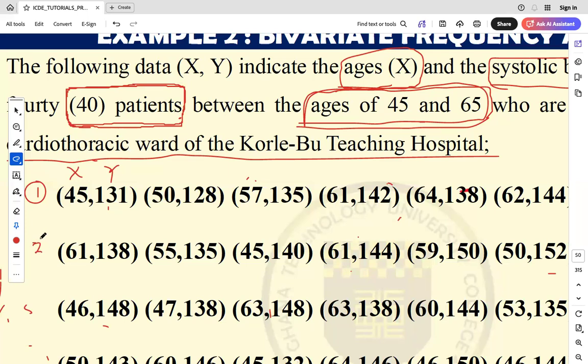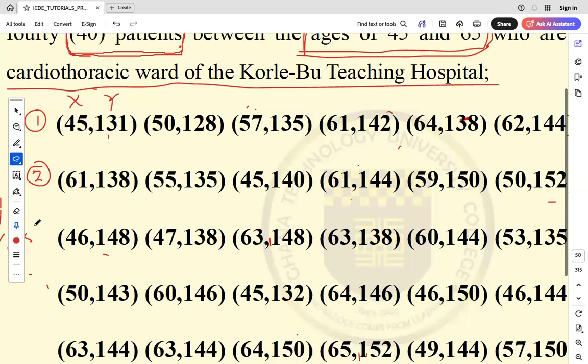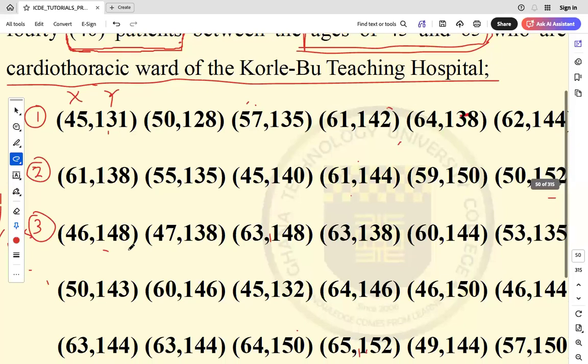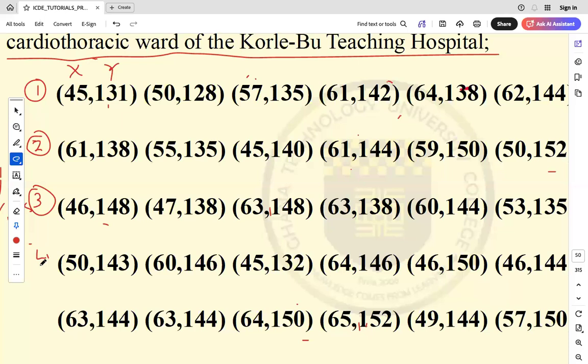The second patient is 61 years, and then the pressure recorded is 138. The third patient is 46 years, pressure recorded 148. The fourth patient is 50 years, pressure recorded is 143.